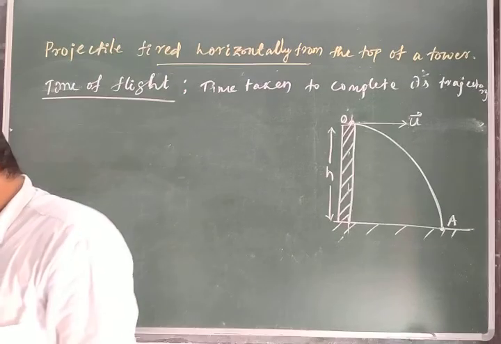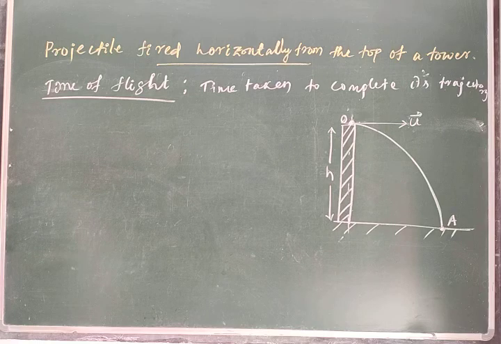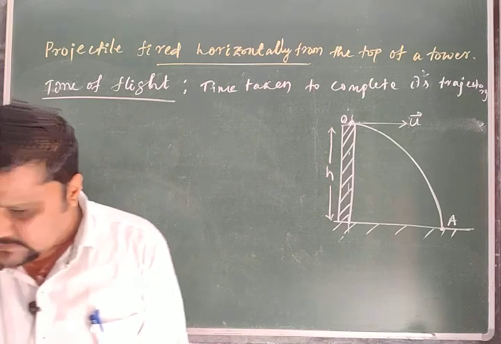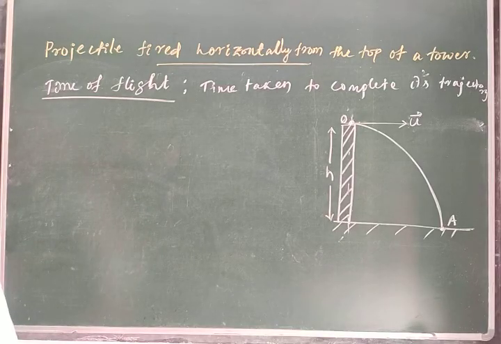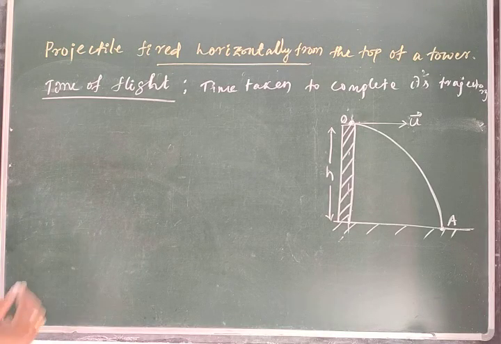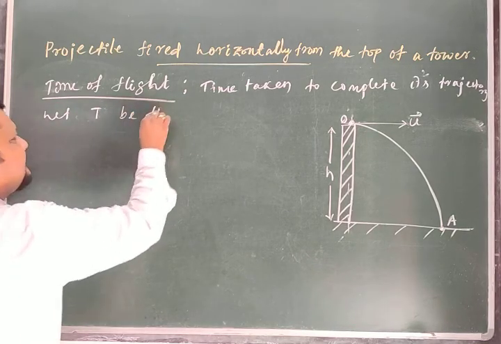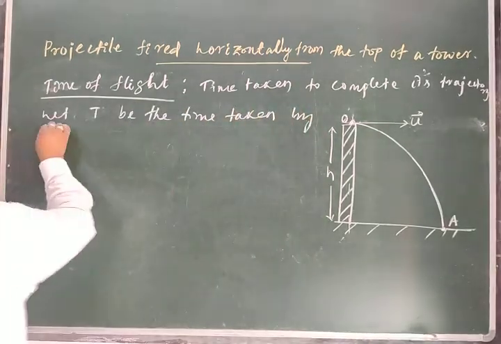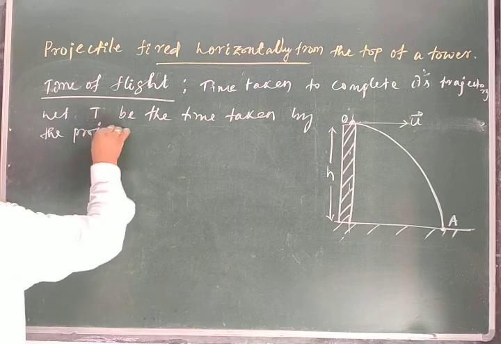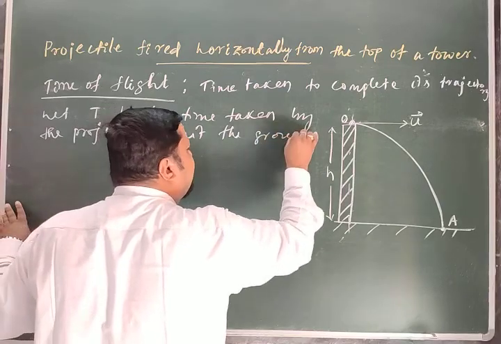So let h be the height of the tower, and let capital T be the time taken by the projectile to hit the ground.